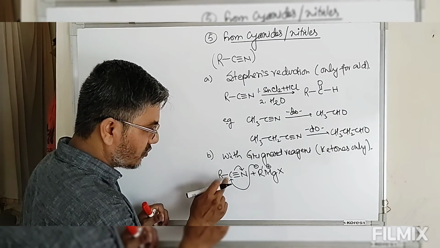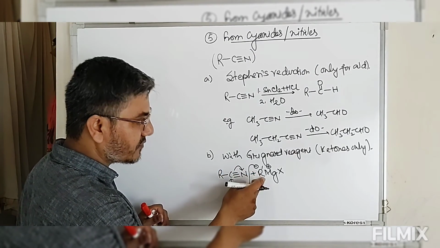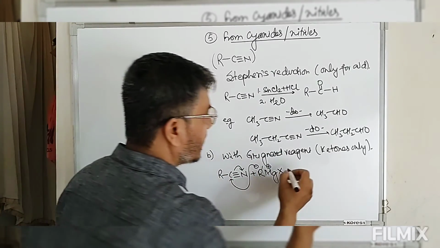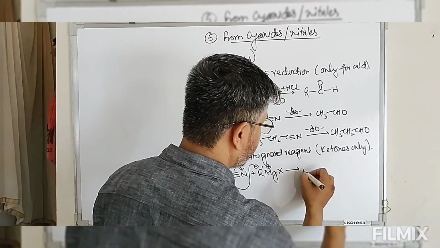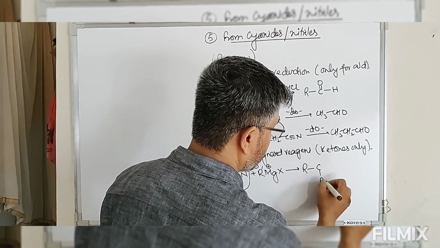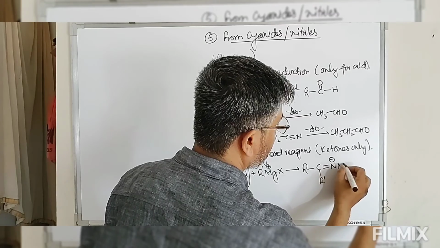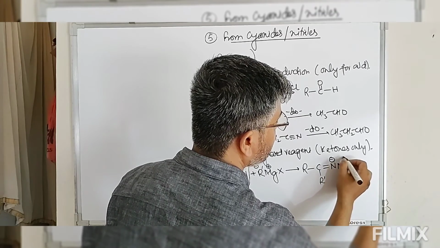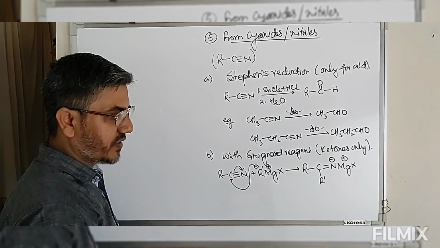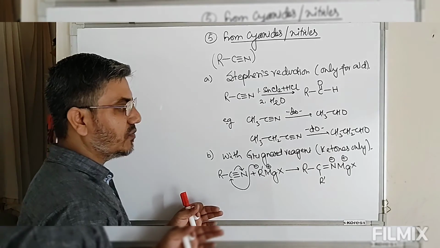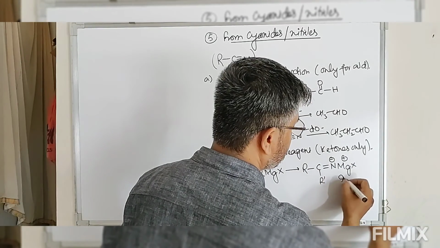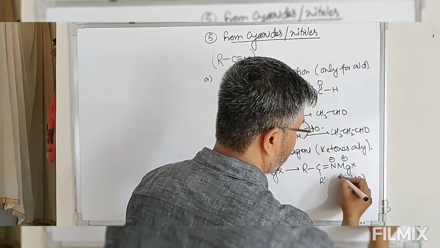To this electrophilic carbon, the nucleophilic carbon from Grignard reagent attacks, and this gives you the addition compound RCR'=N⁻MgX⁺. So we have an imine, a compound containing C=N, which is known as imine.